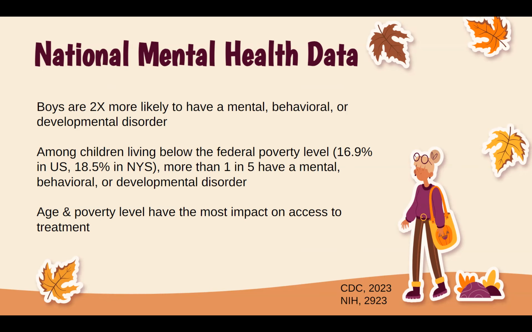Definitely, there are a lot of co-located services in schools now, but it's hard for families to get kids into treatment, especially if poverty comes into play, because with poverty comes trauma, and with trauma comes all those symptoms that are coming up, and then access can be really hard. Things like transportation or insurance coverage, all of those factors influence the national mental health data.